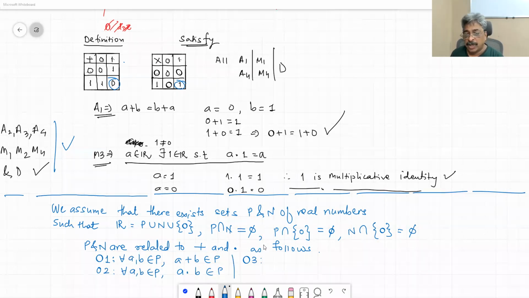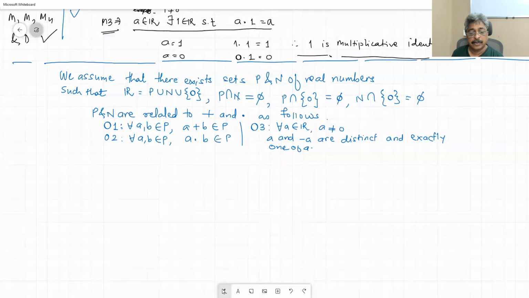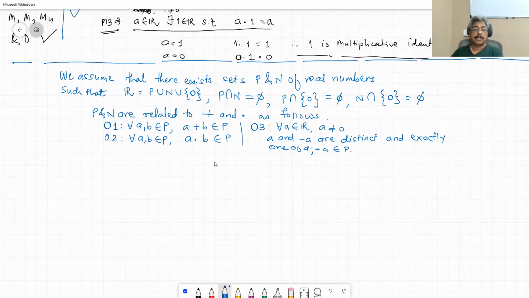says for every A belonging to R, A not equal to 0, A and opposite of A are distinct, and exactly one of A, opposite of A belongs to P. Now all these O1, O2, O3 are made considering P as important.